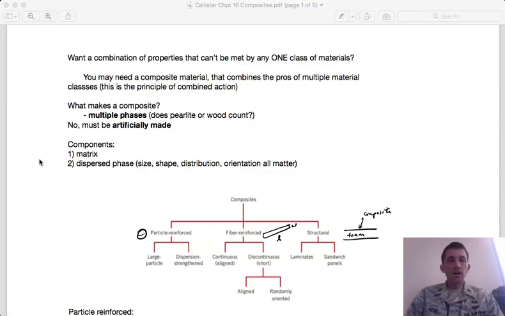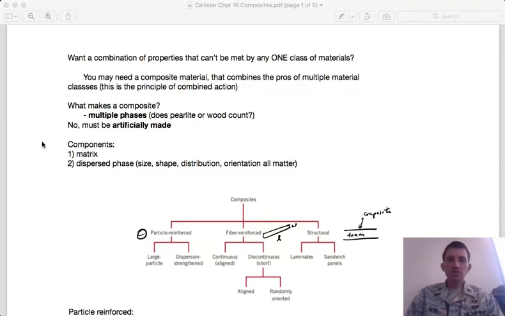And if you need for your application a material that has properties that are characteristic of different classes of materials, a composite is an attempt to combine those two different types of materials into one material and potentially get a better combination of properties than you may have been able to get from any one class of materials by themselves.